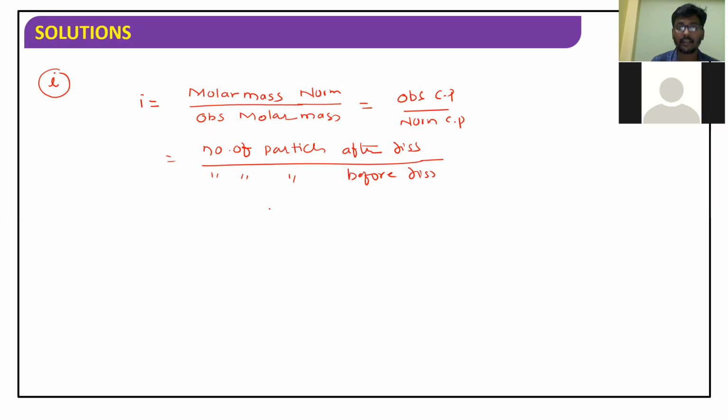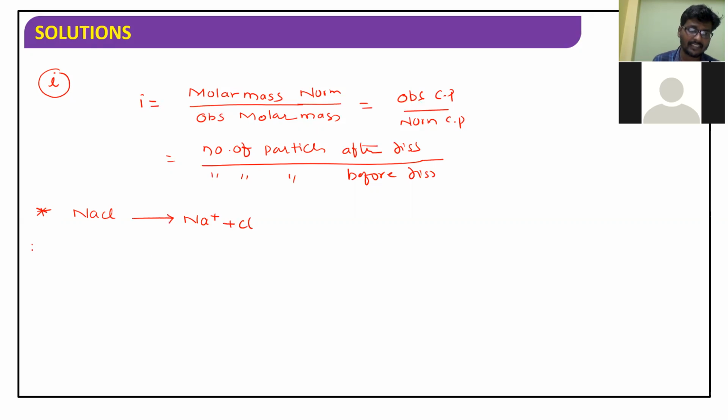Sir, how can we find the number of particles before and after dissociation? This we can find very easily for dissociating salts and associating substances. Suppose I am taking NaCl, which is dissociated as Na plus and Cl minus.